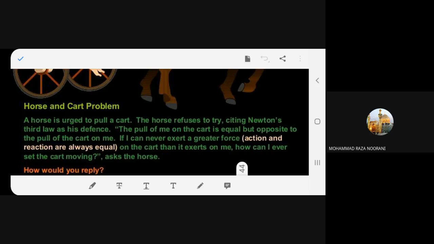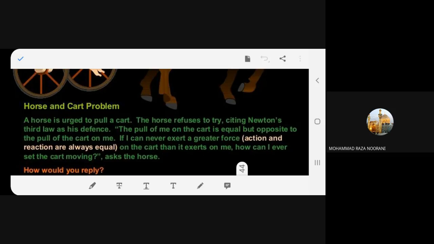The pull of me on the cart is equal but opposite to the pull of the cart on me. If I can never exert a greater force, action and reaction are always equal. On the cart, then it exerts on me.